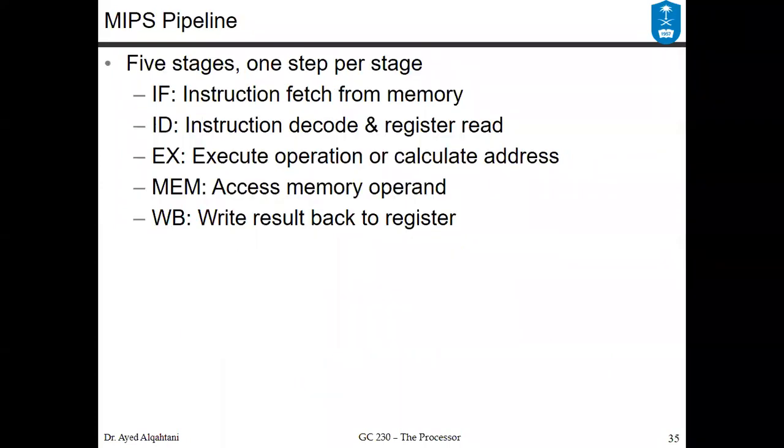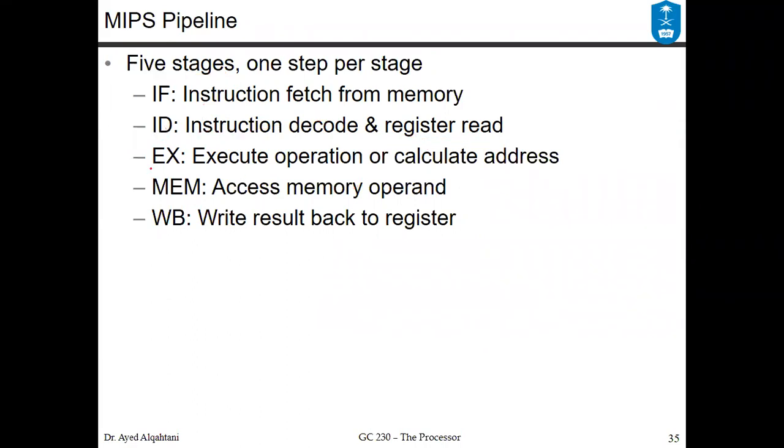Now, in moving to MIPS pipelining, instead of the 4 stages in the laundry example, now we have 5 stages. Those stages are the instruction fetch from the memory, the instruction decode and register read. So be aware that we call it decode, but there is also a register read as well.